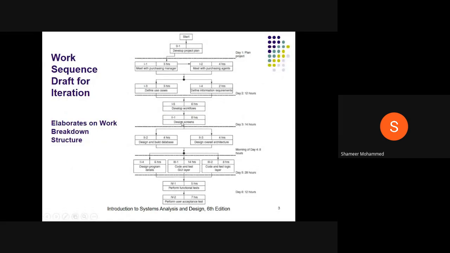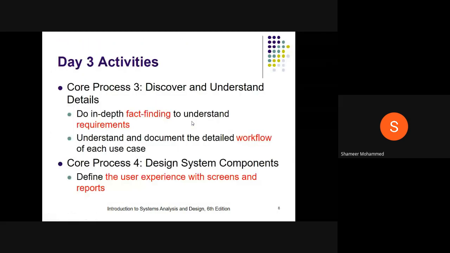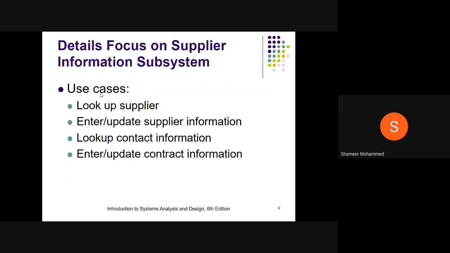Then design the screens. Day 3 activities: develop the workflow, then design the system components. That means screens, how your web screen will appear. You have to design the screen.